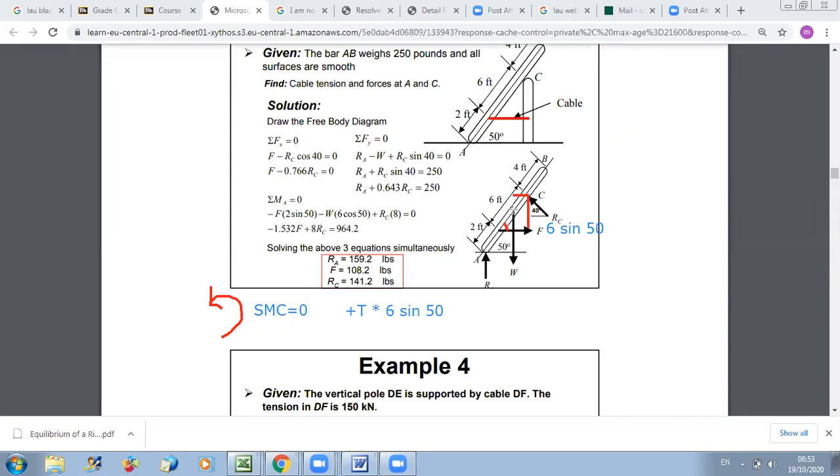Doctor, isn't it 6 cosine 50, not sine? No, look. You mean for tension in the cable? Look, this is point C, and this is your force, this is your tension force along this direction, okay? What is the distance you want?